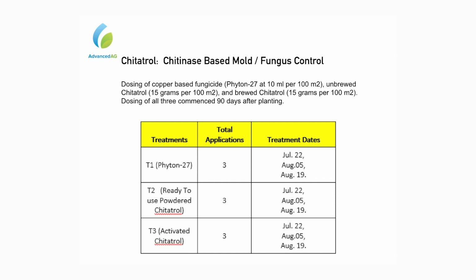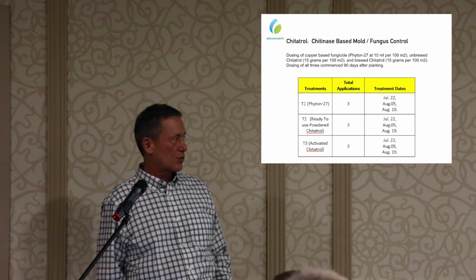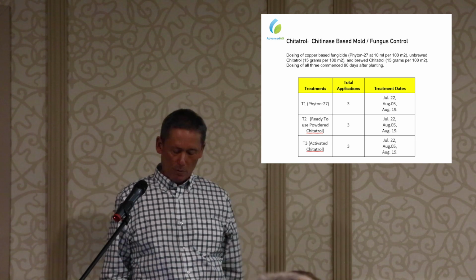In a project in the Dominican Republic, run by one of their best agronomy schools, we compared the best practice there, which is a copper-based fungicide, Phyton 27, which I think is sold here in Canada, against Chitotrol that's not brewed, that doesn't go through the tanks, and T3-activated Chitotrol, meaning brewed. It goes through a brew process.